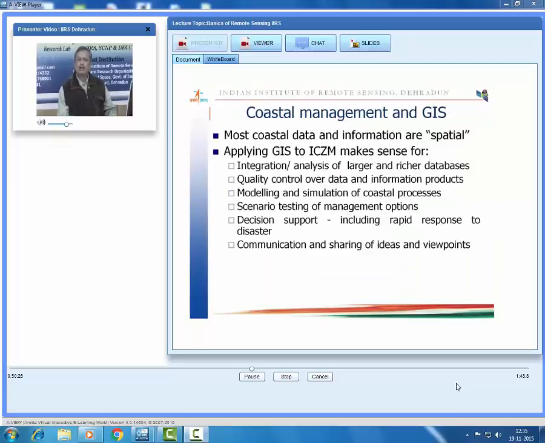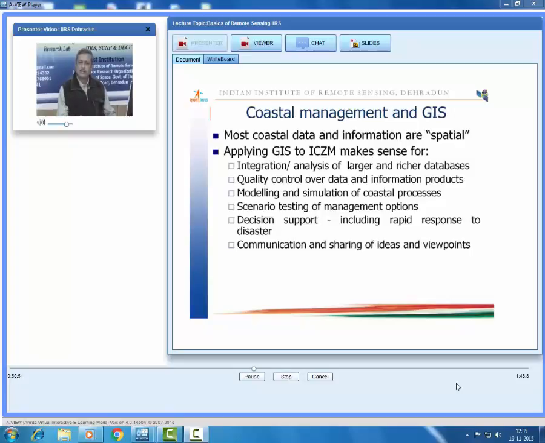When we talk about GIS, GIS has a good role to play in coastal management, but unfortunately there is no GIS software totally dedicated to the coastal zone. Commonly, commercially available GIS packages like ArcGIS, and also QGIS, we are using for the coastal zone. Most coastal data and information are spatial in nature.